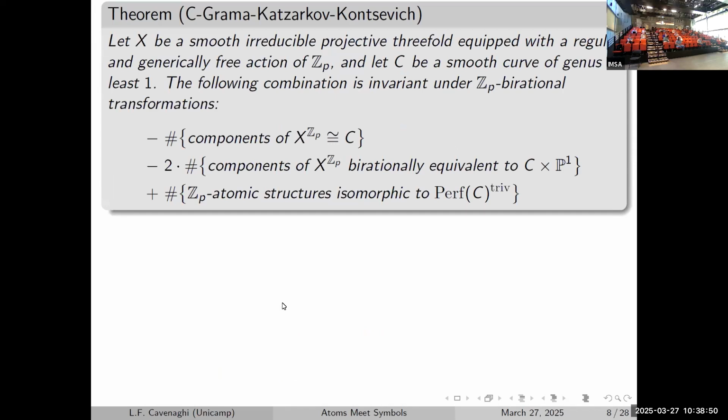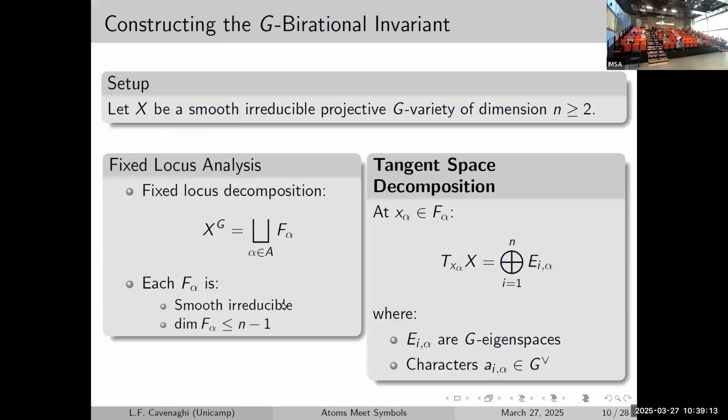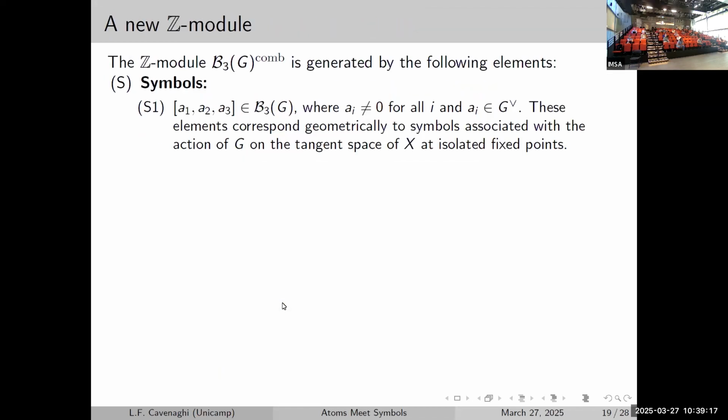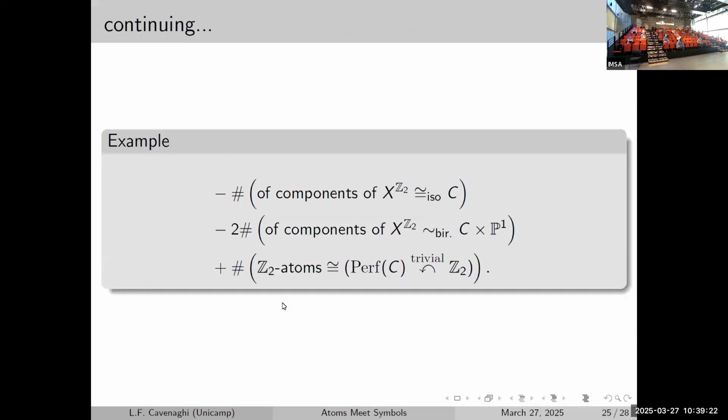So the invariant shall be minus 1. Okay, so you have this component that is the curve. There is no surface in the fixed point set. And there is no atom that looks like an atom coming from a curve of higher genus, because its homology consists purely of that set. Hence, the invariant shall be minus 1, but you can just multiply by minus 1 again, and you get what I said, that the invariant is plus 1.